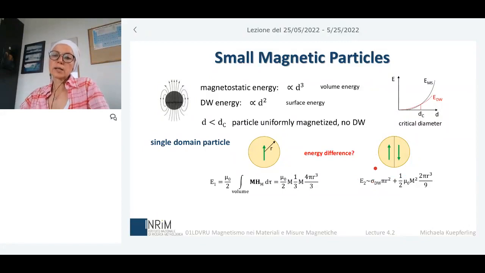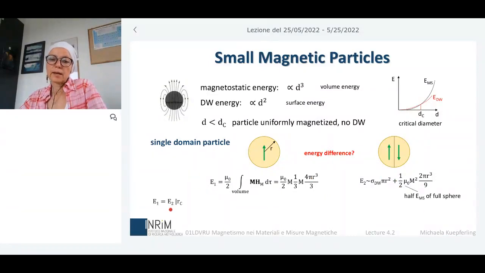For our divided magnetic particle, we have to introduce this domain wall energy times pi r squared. Plus, we have to add a little bit of magnetostatic energy. Let's take as an approximation half of the magnetostatic energy of the completely magnetized material.